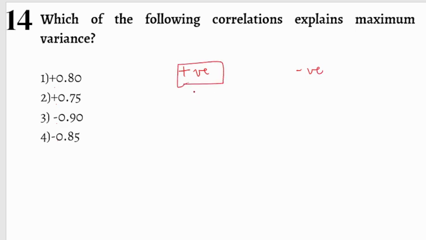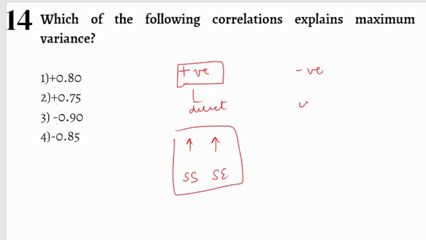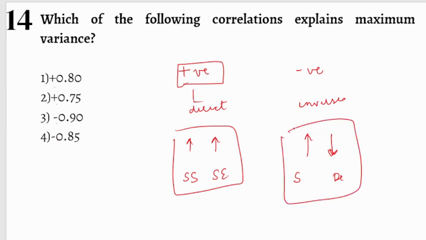Positive means there is a direct relationship, which means if one increases, the other also increases. For example, if the social support of an individual increases, the self-esteem also increases. This is an example of positive. And negative is basically inverse relationship, wherein one would increase and other would decrease. So if serotonin levels would increase, depression would decrease, hypothetically, like these are cause and effect based, but still I'm giving it in terms of correlation.